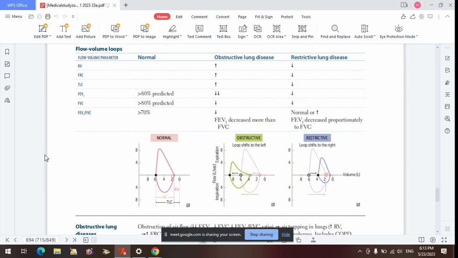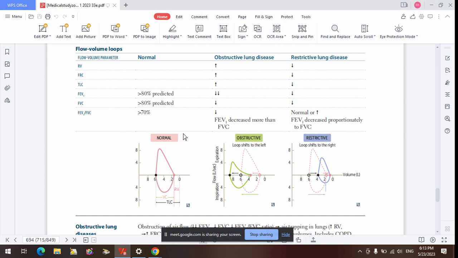So they can even quickly bring out air within 1 second. It's possible that the FEV1 will still be slightly increased relative to the FVC, because that elastic recoil will quickly help them bring the air out within 1 second. So you have little left to bring out later, which will constitute your FVC. So it's possible to have an increased FEV1 over FVC.